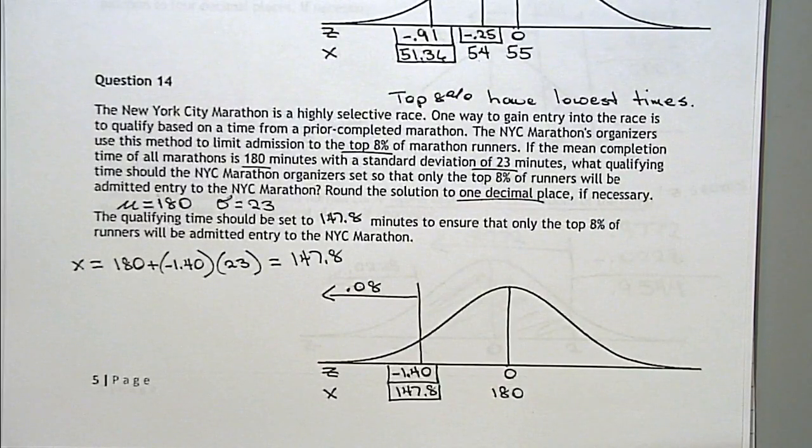And that will give them only the top 8% of all runners. The top 8% would have the lowest times, wouldn't it? The lowest 8% of the times. That one seems backwards to us until we remember that things like running times and golf scores, the lower the score, the better you are, okay? So you really have to think through some of these problems, what they're asking you.